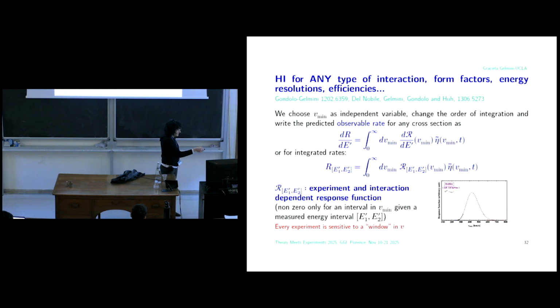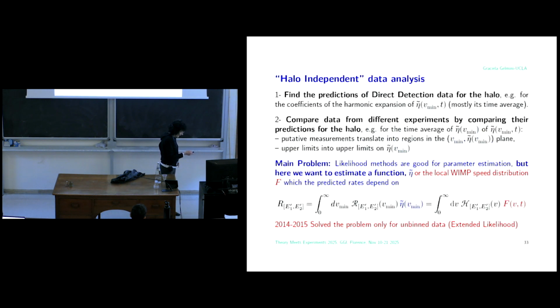These functions are non-zero only in a certain range of Vmin. Through that range, your detector can tell you what is eta. So different detectors point to different regions in Vmin. Again, you will need several different detectors to do that. The problem is the following: how to determine a function.